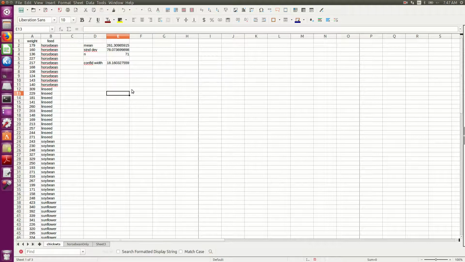So the width of our confidence interval is 18.16, and we can get the left and the right if we wish. So here's left and the right.